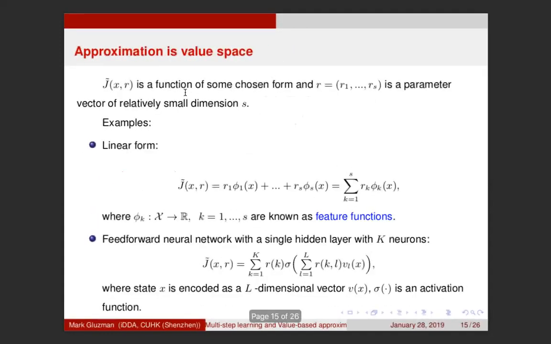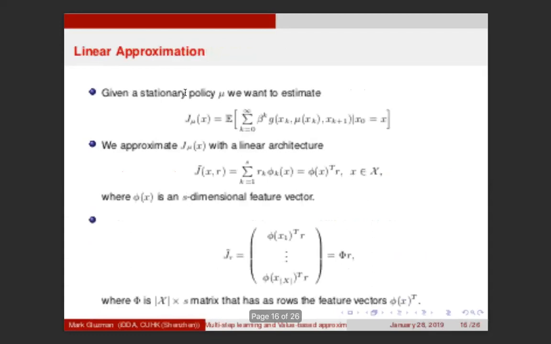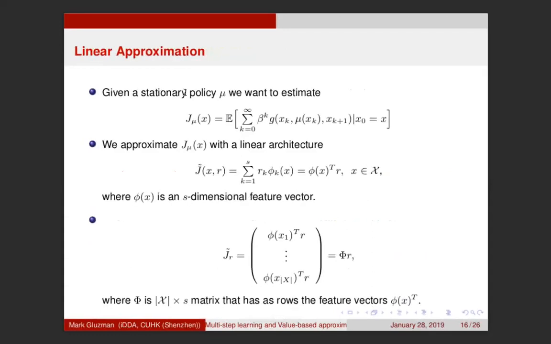So of course, the easiest and most basic form for value approximation is a linear form. And most theoretic results are given for this kind of form. So we want to estimate the value function for a stationary policy. This is just the definition of the value function.